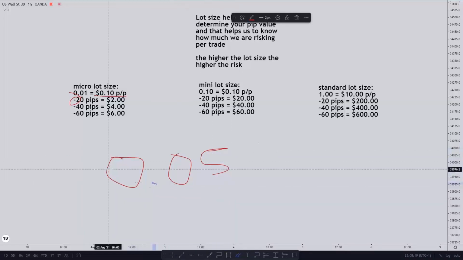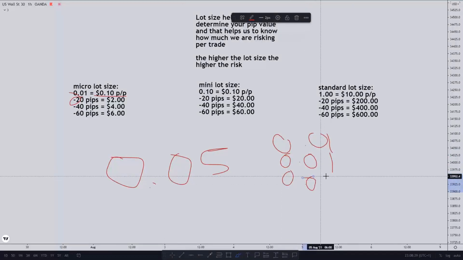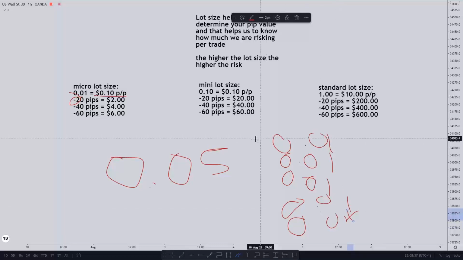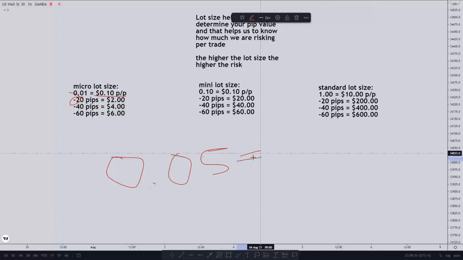So instead of opening 0.01 trades, multiple positions for this trade, what we can do is we can just combine those 5 trades and open a 0.05 lot, which is going to give us a value of 50 cents per pip.